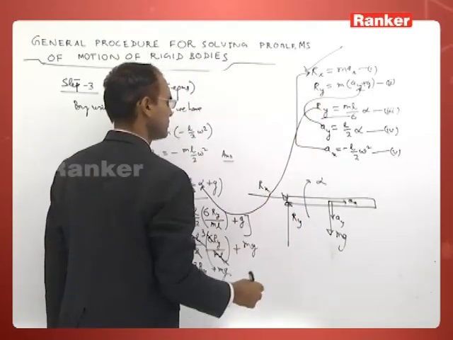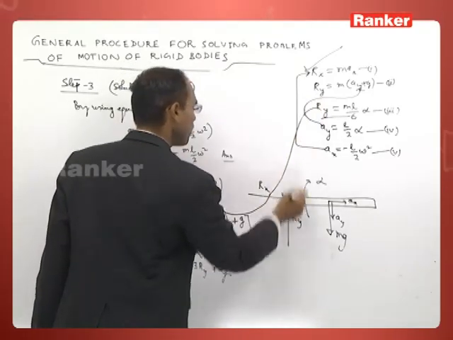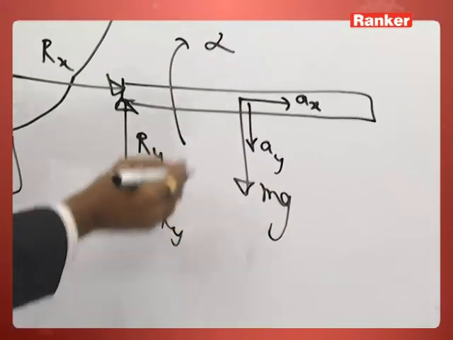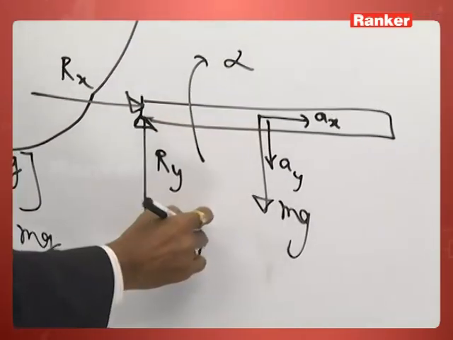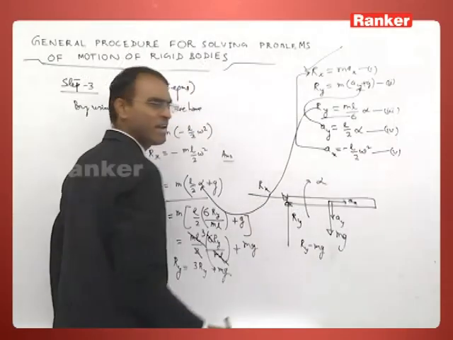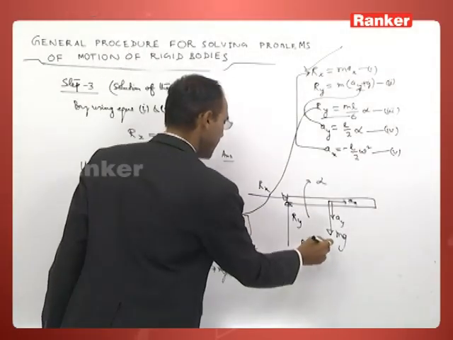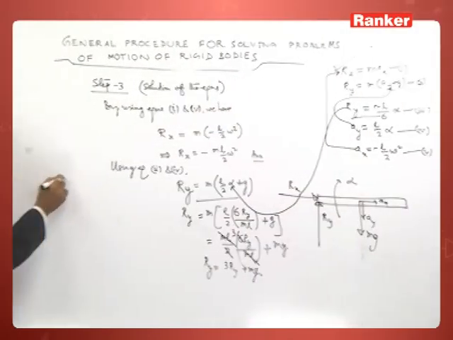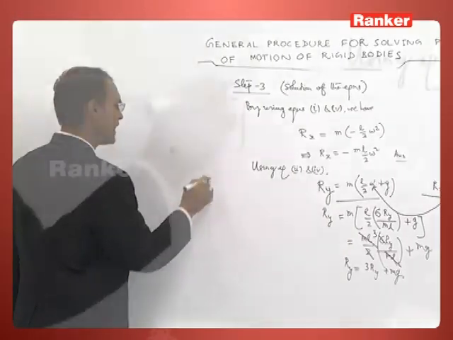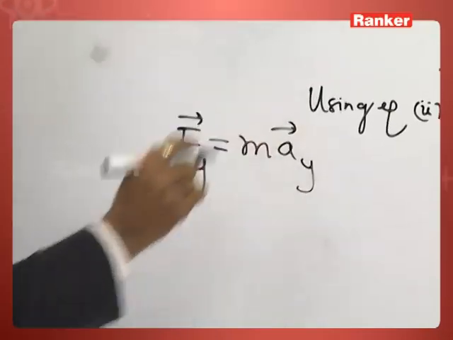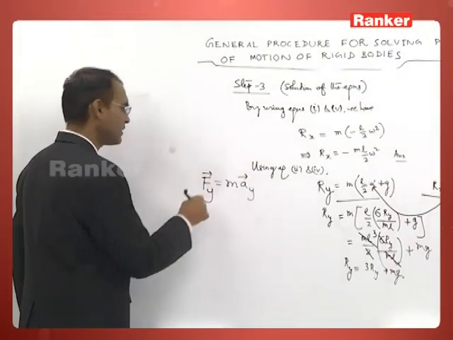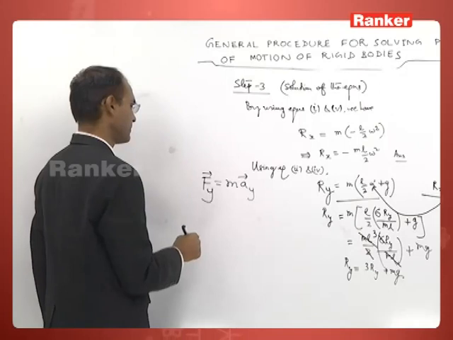Ry is up, net force along y direction, Ry. mg is down, minus mg. Or you can just write net force along y direction is equal to mass times acceleration along y direction. Here there is a problem.